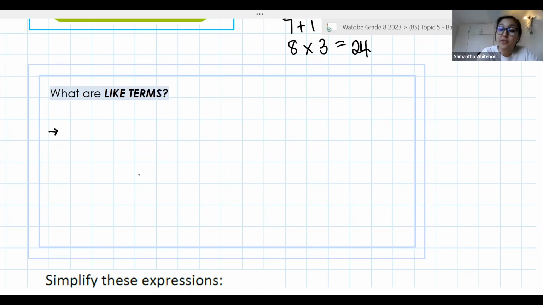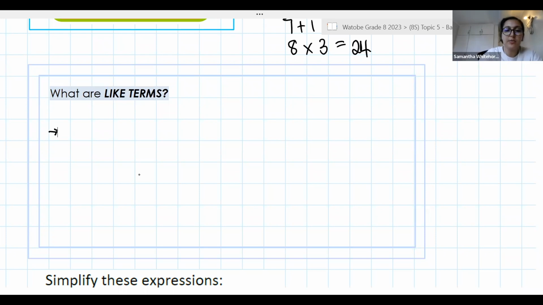Do you want to give an example? Okay, have a think. It's okay. You can always add to it in the chat. But thank you for raising your hand and being brave enough to do that.